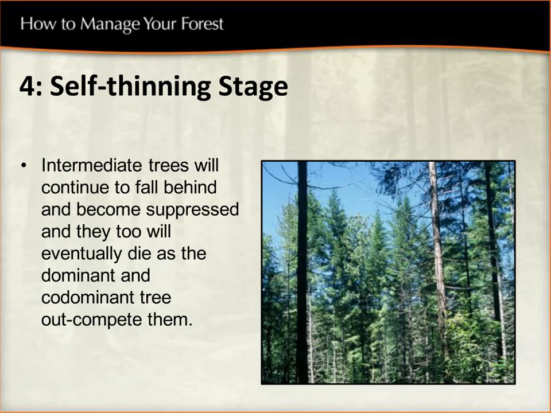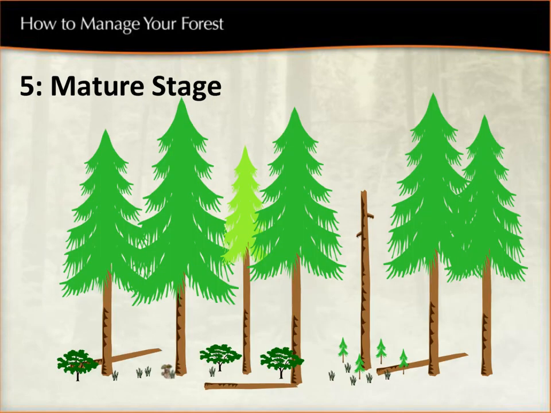Intermediate trees will continue to fall behind and become suppressed, and they too will eventually die as the dominant and codominant trees outcompete them. Individual tree diameter growth continues to decline, but on a per acre basis, the stand growth reaches its maximum at this stage and begins to level off. Eventually, the stand enters the mature stage.